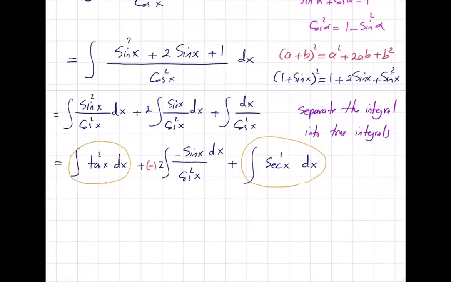So this integral can be written as the integral of, for tangent squared, we write secant squared minus 1, and we end up with 2 secant squared minus 1 dx, and then here you have minus 2, the integral of du divided by u squared. And for the integral of secant squared, you're going to have just tangent.